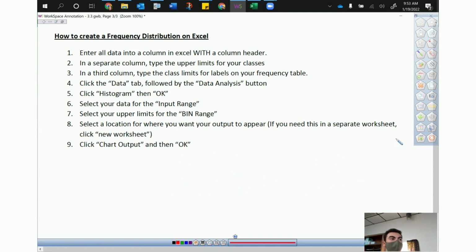Well, that's a lot of data, and I really don't want to type all that into Excel because I could type in the wrong number.